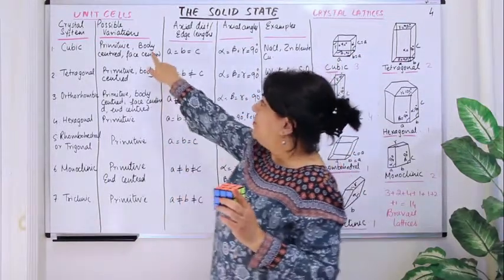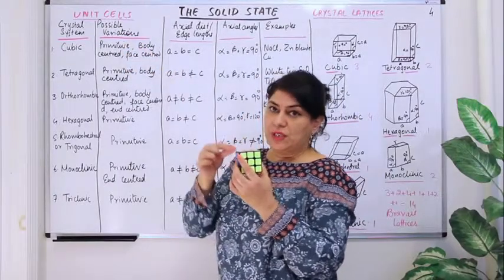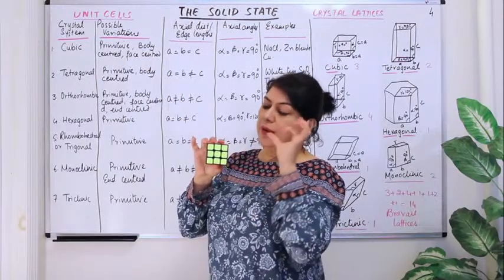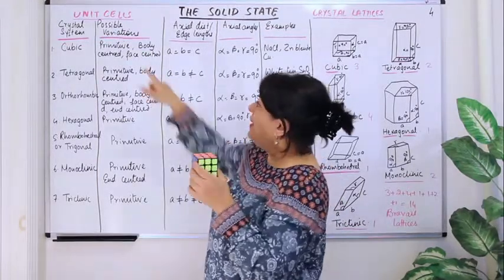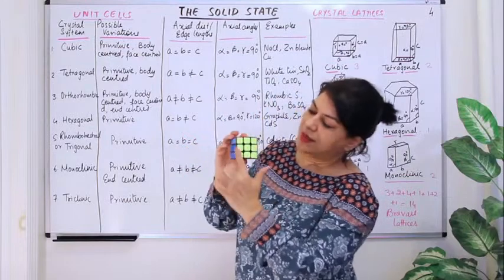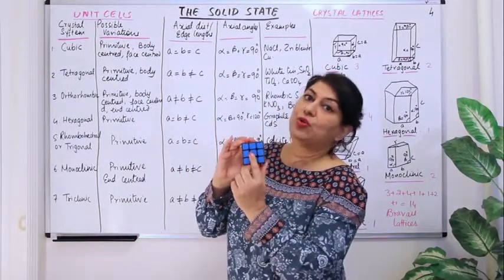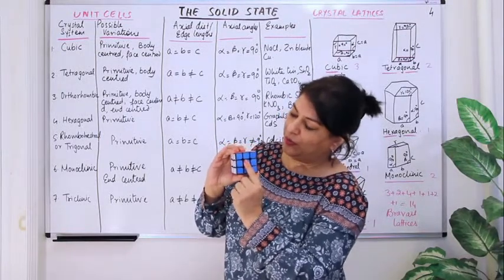So that is one variation, the primitive unit cell, and the body-centered, where there is one ball in the center, and the face-centered, where in the center of each face you have a ball.